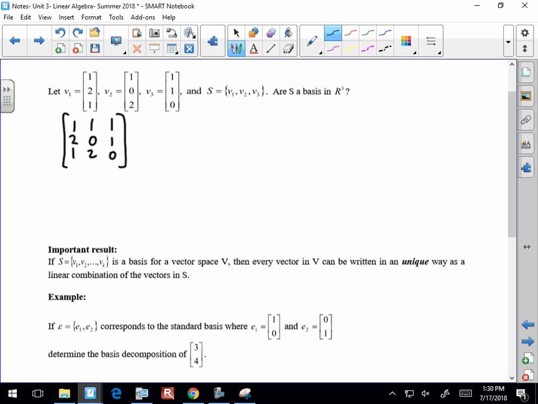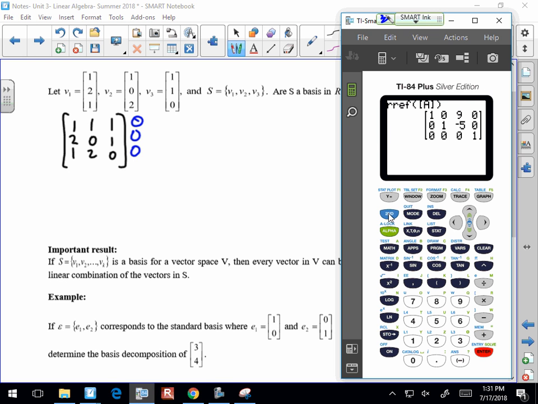So we're looking for linear independence. Linear independence happens when you solve the homogeneous equation and you only get the trivial solution. So let's solve the homogeneous. Really, it's just 3 by 3 that we need.